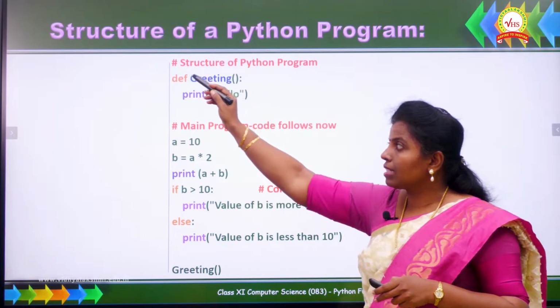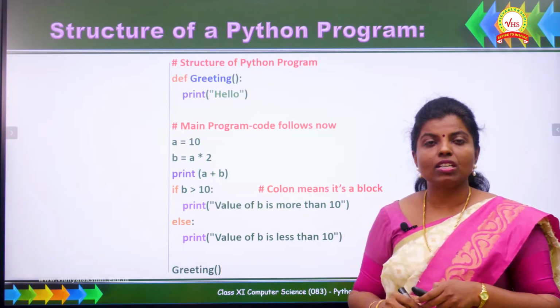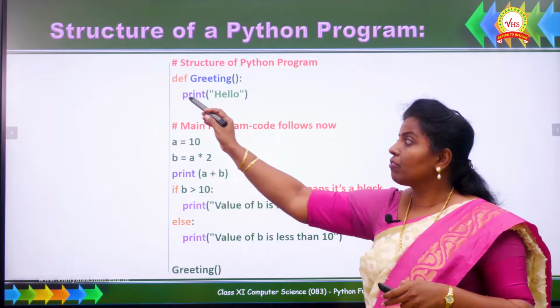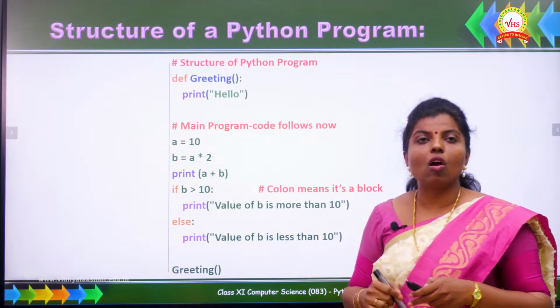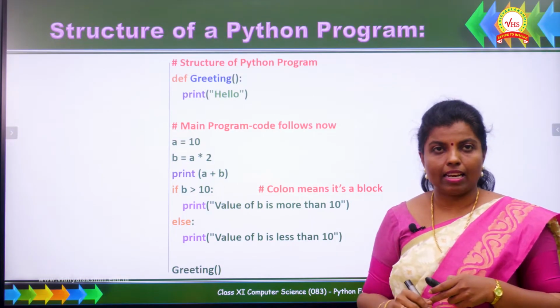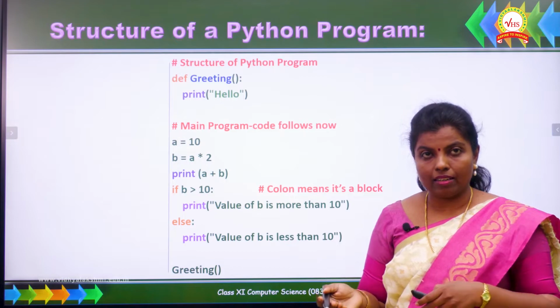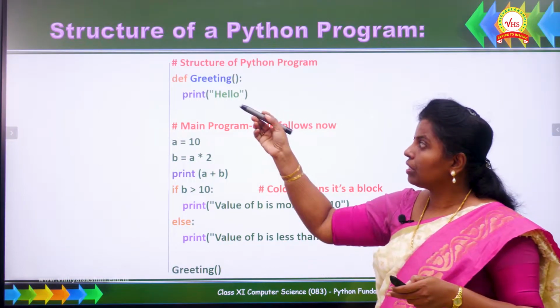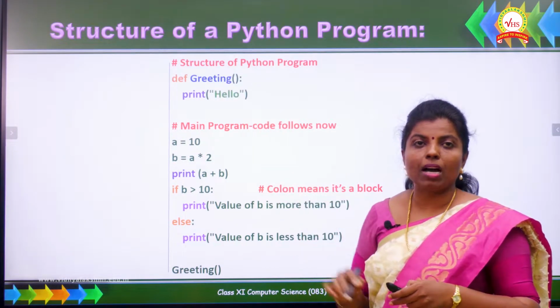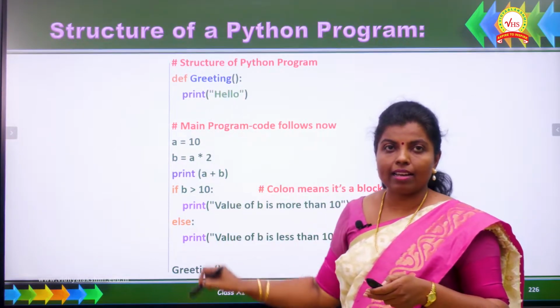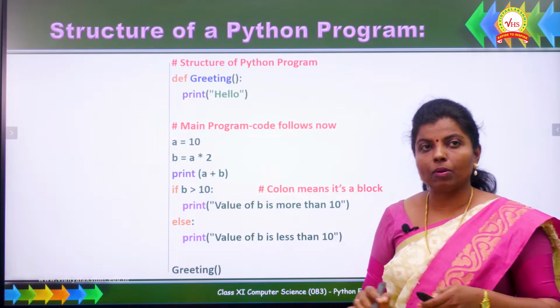So, if the statement begins from the margin, it is referred to as a top level statement. The statement which has a space in the beginning is referred to as an indented statement. For that understanding only this line has been given. There is no other purpose in this.